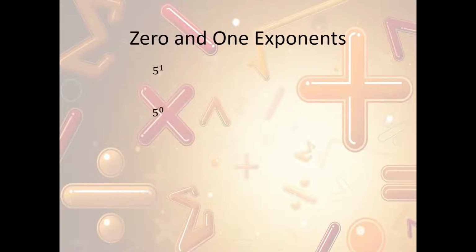Now what about 0 and 1 exponents? So 5 to the first power. Well, 5 to the first power is just 1 five, right, times itself, so 5, that's it. So that's just 5. Now 5 to the 0 power. So there's 0 fives, and that's equal to 1.